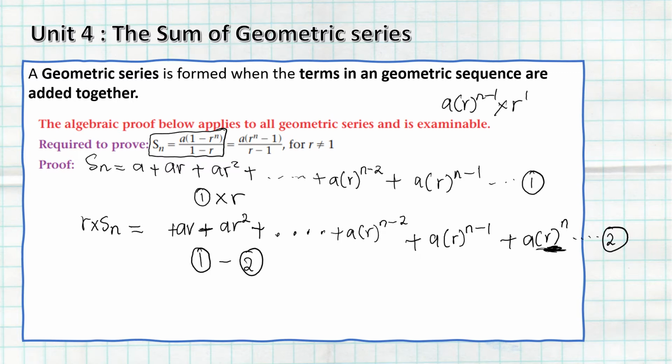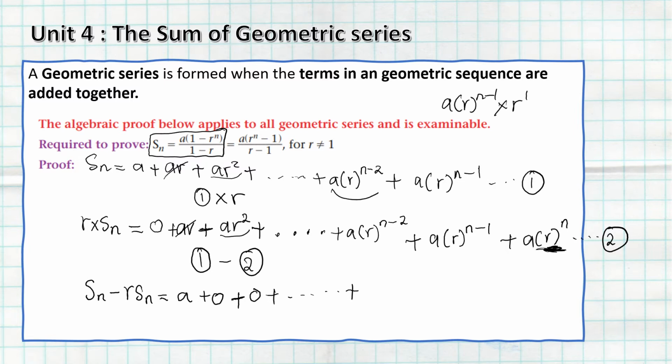So my equation 1 is Sn, and I'm going to write it here, Sn minus, my equation 2 is RSn. This is going to give me A minus, you see A has no friend here, right? So we can say basically there is 0. So A minus 0 will still be A. AR minus AR will cancel to give us 0. AR squared minus AR squared will still give us 0.